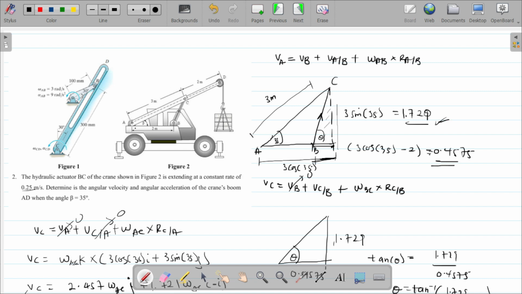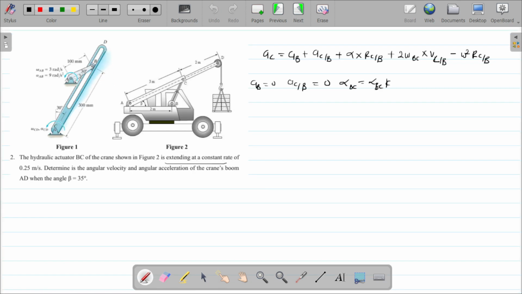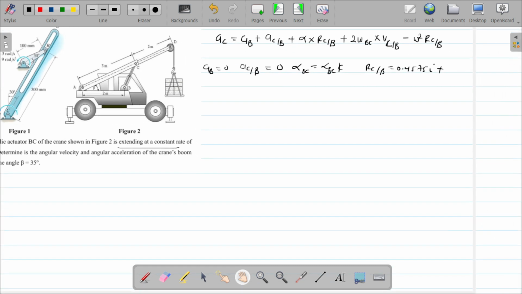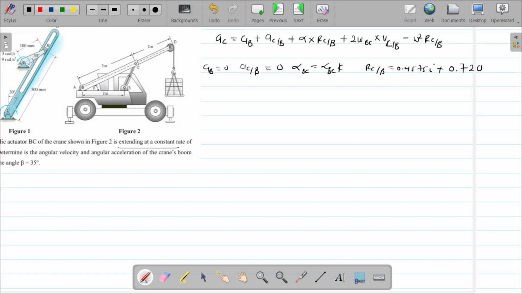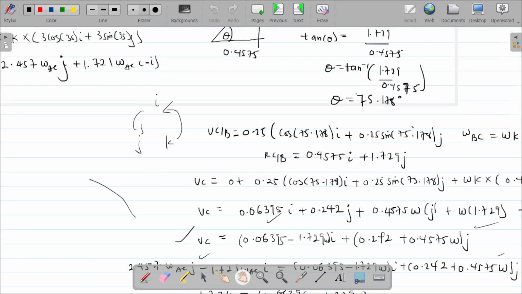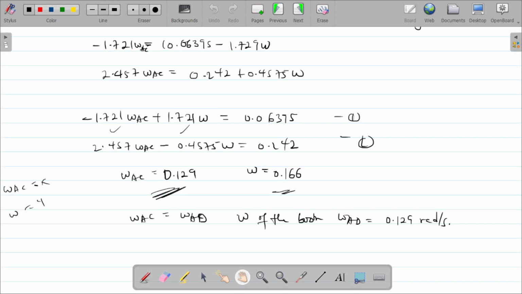So 0.4575 I plus 0.720 J. And omega BC, now previous, what is omega? We had 0.166.